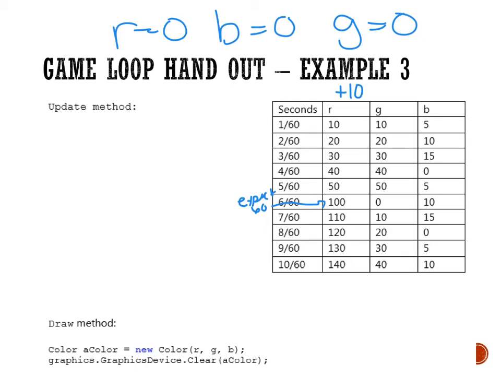Then if I look at G, it appears to be incrementing by 10 every time. However, when I get to that same 6/60ths of a second, I expect G to be equal to 60, but for some reason it's equal to 0. And then B is incrementing by 5 every time, and at 4/60ths of a second, I expect this pattern to be 20, but I have 0 instead.